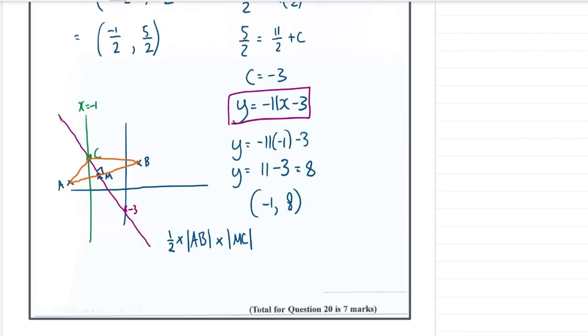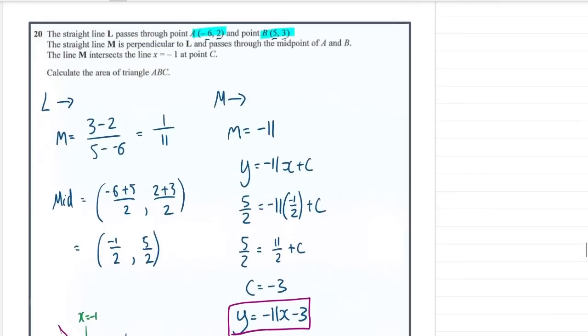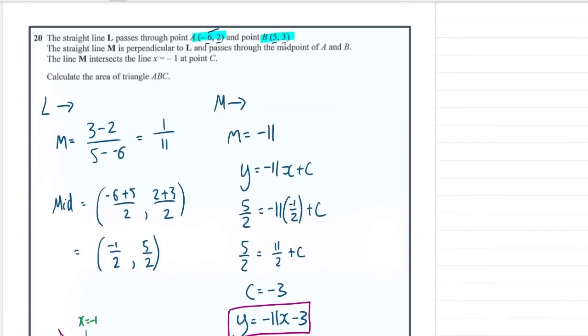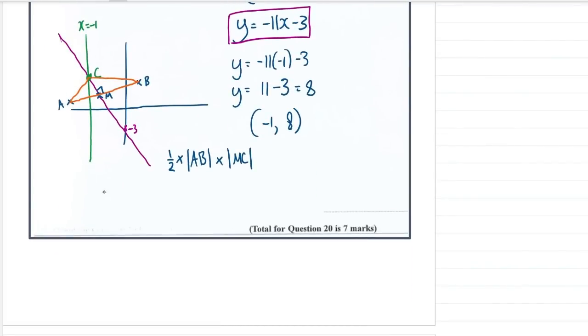So the distance between A to B is the change in the x-coordinates, which is 11, and the change in the y-coordinates, which is 1, squared, added together, square rooted. So we'll do a half times by the square root of 11 squared plus 1 squared.